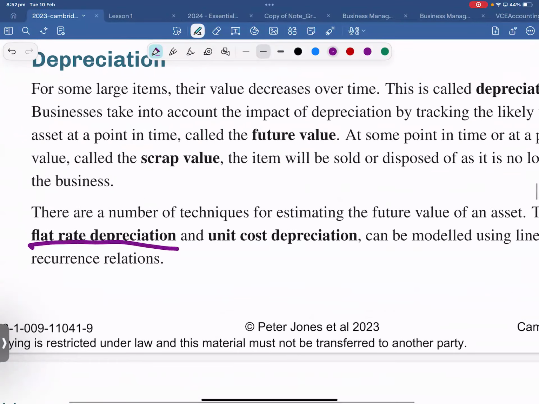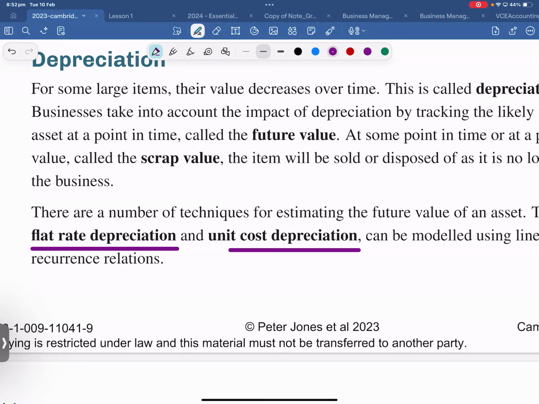If every year it is reducing by an equal amount, we call that flat depreciation. Unit cost depreciation is also flat depreciation, because the depreciation is always equal. What do we mean by unit cost depreciation? As we use an item once, its value will decrease.